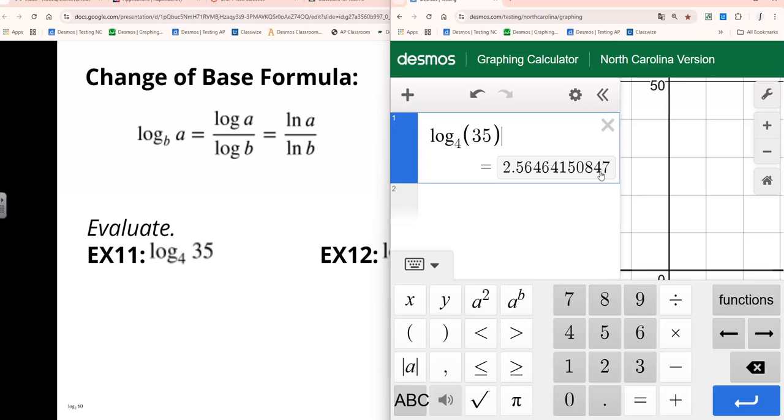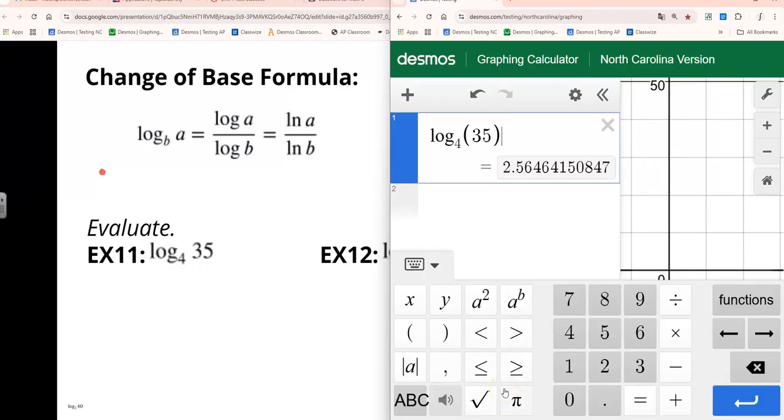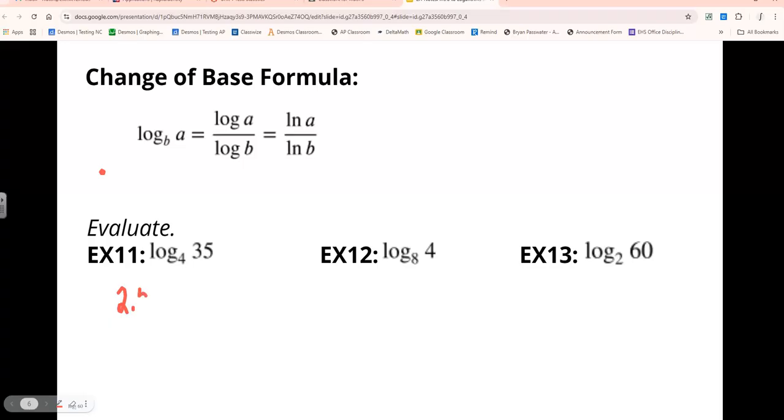So my general rule is that I want you to keep at least 3 decimal places. If you keep more, it is okay. So you don't have to round it to 3, but you need to keep at least 3. So like our answer here, we would say 2.56. It's going to be 5 if we round it off right here. So 2.565 for that.